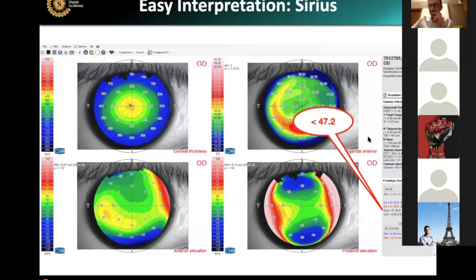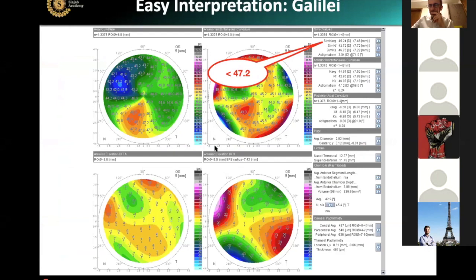So since Galilei depends on the Placido as well, of course the Cyrus and the Galilei depend on the Scheimpflug as well, but I mean, they use the Placido in addition to Scheimpflug. So similarly, in the Galilei, the cutoff value for the anterior average is 47.2.